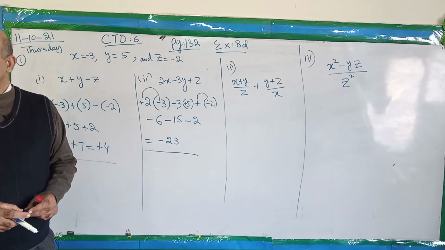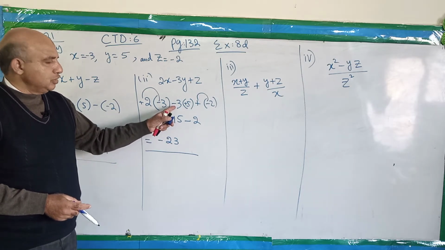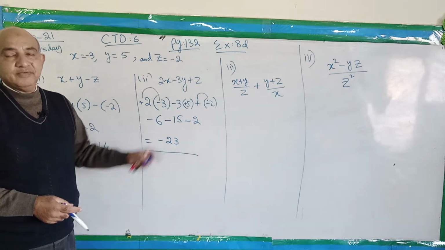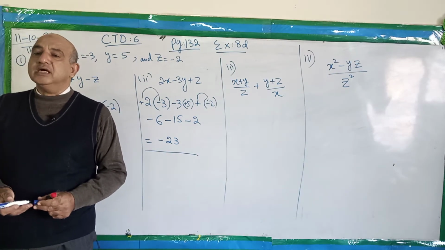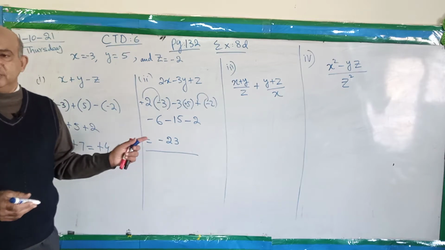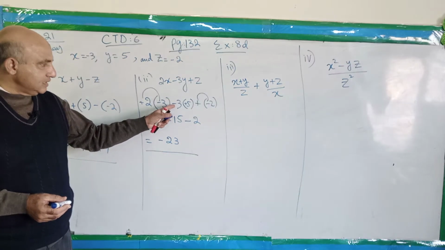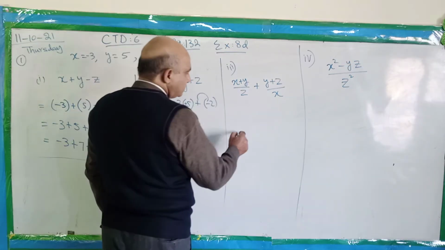So we write here minus 23 because all the three values have the same sign. Yes? Sir, you multiplied 5 with 3, so the sign of the bigger number will be used. No, here we are going to multiply. When we add or subtract, then we write the sign of the greater number. Here we are going to multiply, and when we multiply, minus into plus is minus. This is the confusion.